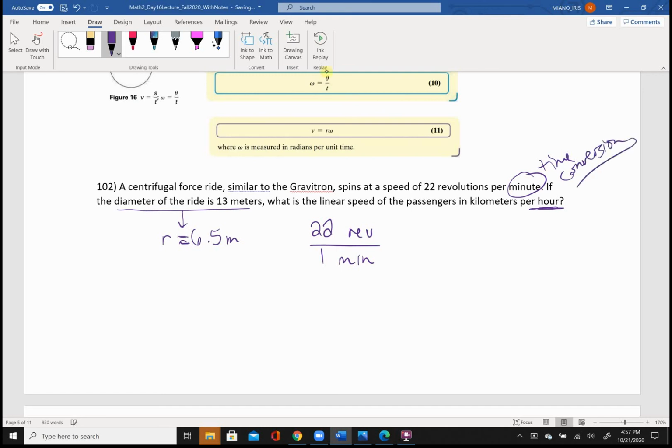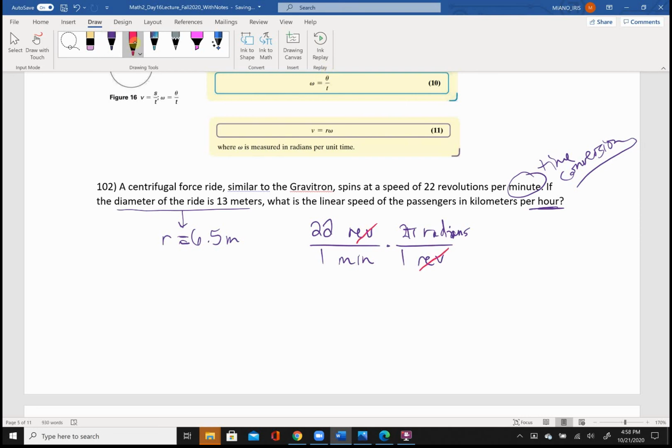So I'm going to have to consider that in regard to manipulating this 22 revolutions per minute. The first thing I'm going to do is turn revolutions into radians. I know that 1 revolution is equivalent to 2 pi radians, right? Now I'll put radians here, but notice that radians do not actually have units, so it's just a factor of 2 pi here. But what's cool is that the revolutions cancel out now.